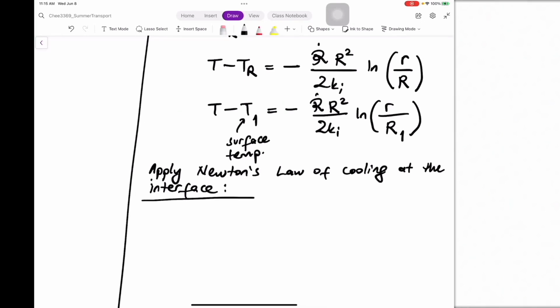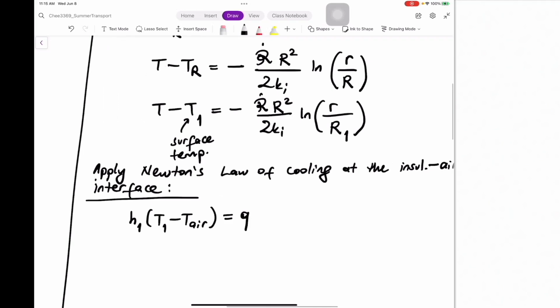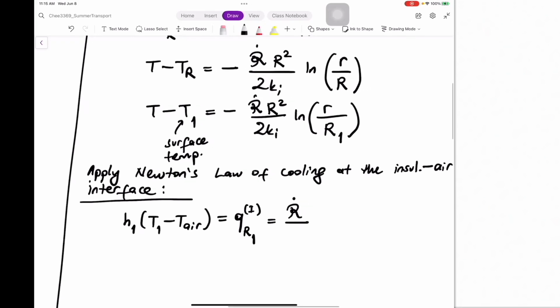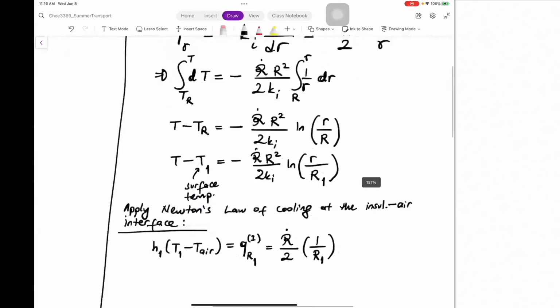And you get the flux, which is H1 T1 minus T air, is equal to the flux through the insulator at R1, which is basically, you know, the formula, fancy R dot over 2, 1 over R1, right?